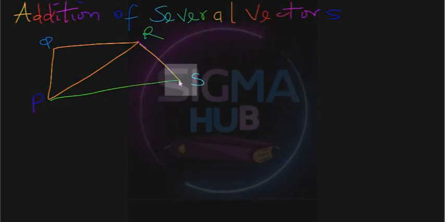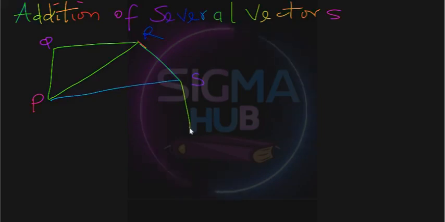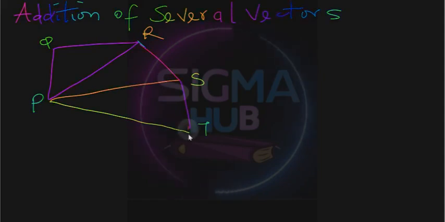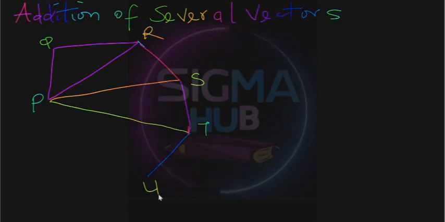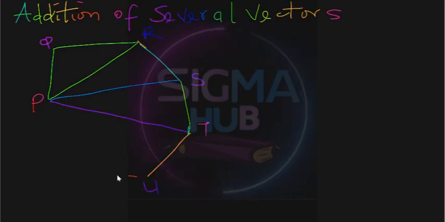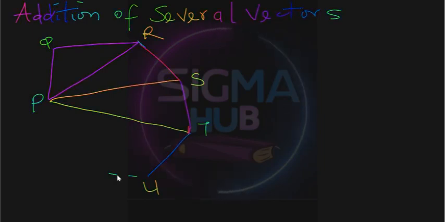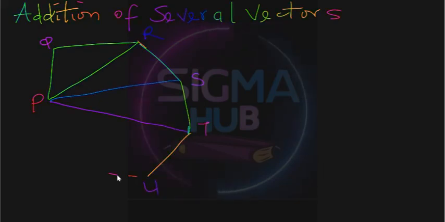And also from S down to T, so we can also have PT. Then we could have from T down to U. It could go on to an infinite size, so it doesn't really matter. But let's quickly consider P, Q, R, S, and T. It's going to be the same thing when we are adding several vectors using vector addition.